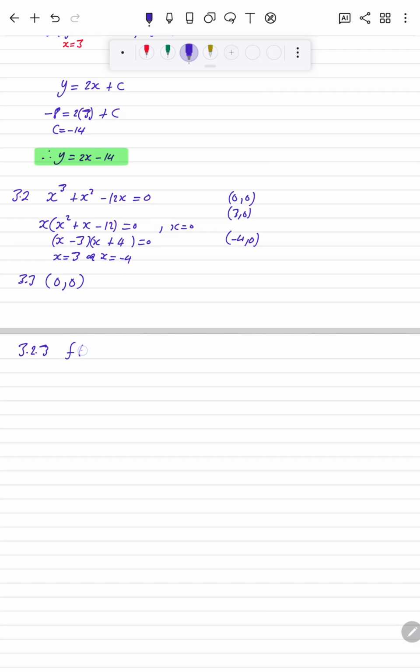Remember, our f of x is x to the third plus x squared minus 12x. For us to find the coordinates of the turning point, you find the first derivative, you set it to 0, then you solve for x. Let's do exactly that. The first derivative gives us 3x squared plus 2x minus 12 equals 0. Then you solve for x here.